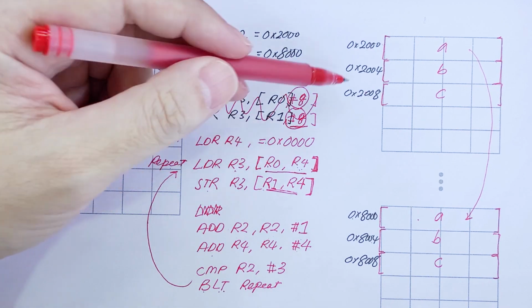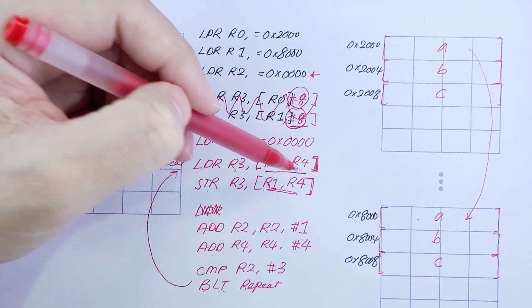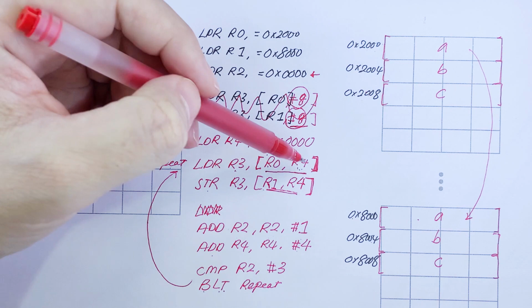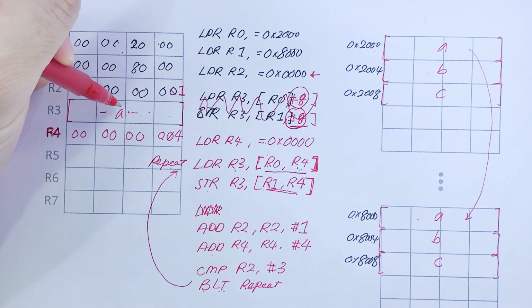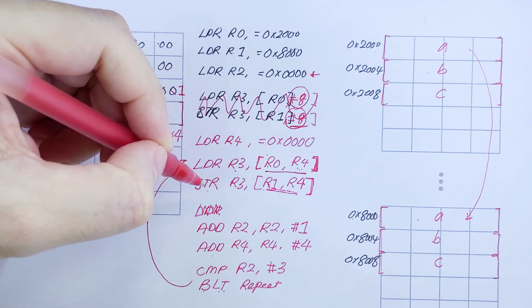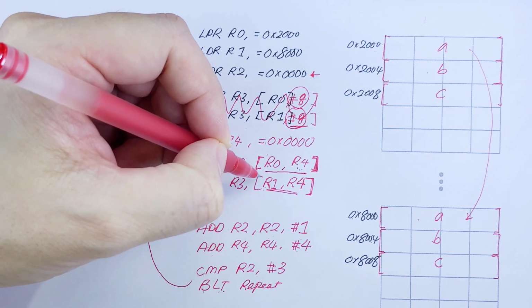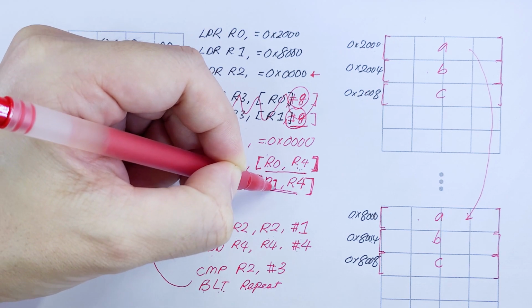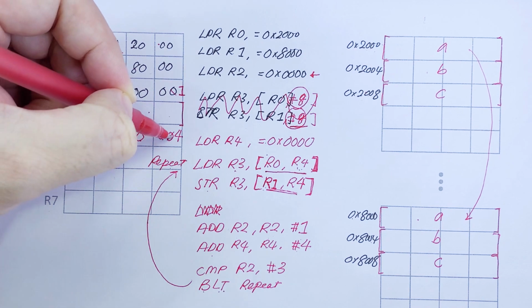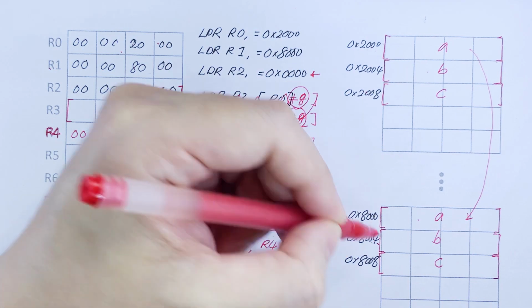So now instead of moving the value from 2000, the address is actually 2000 plus 4, given by R4, and we are moving B instead. At the same time we store B from R3 back to the memory. The address is given by R1, which is 8000 plus 4, and ends up being 8004.